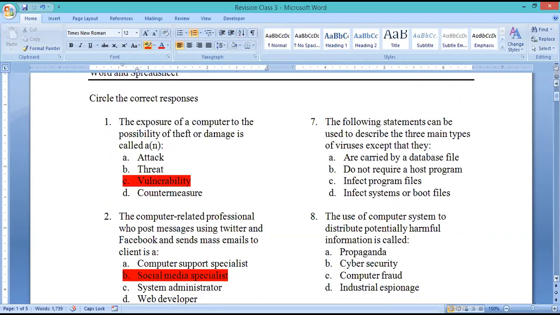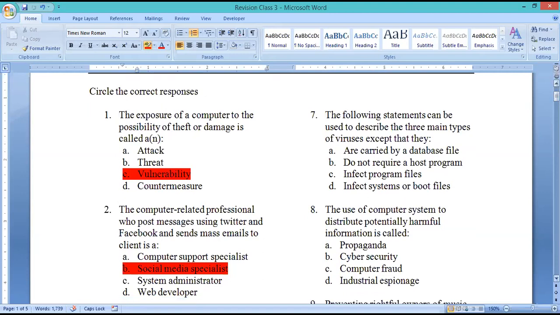Number 7. The following statements can be used to describe the 3 main types of viruses, except that they.